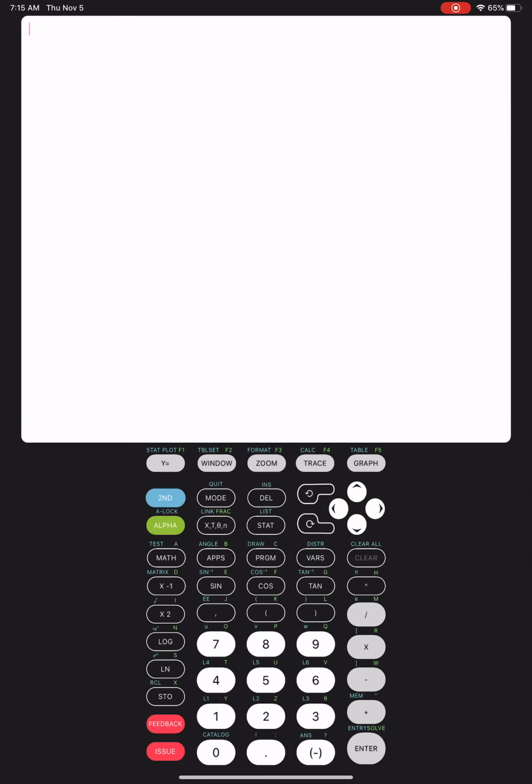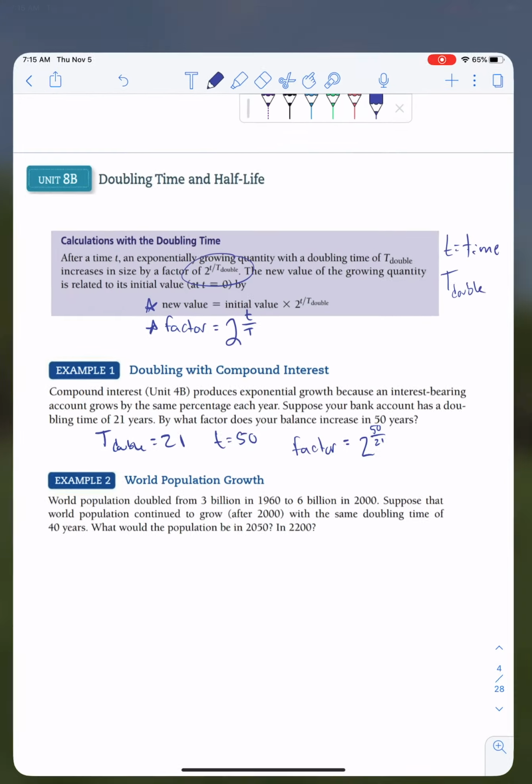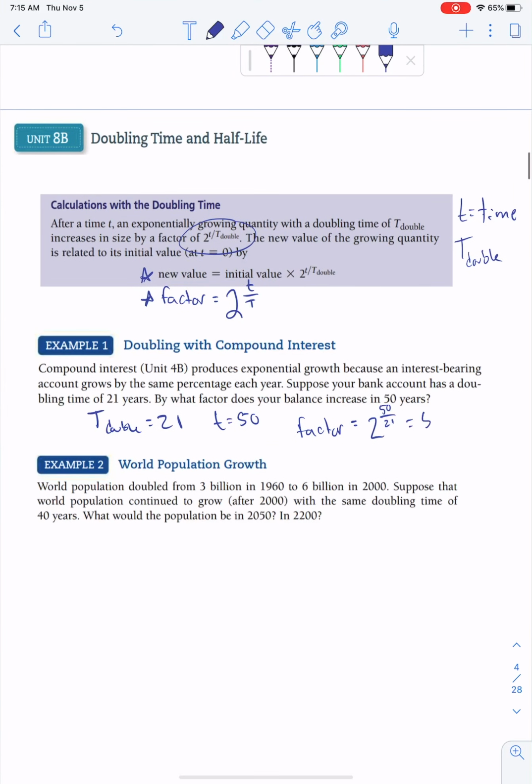So if we do 2 raised to the 50 divided by 21, we get 5.208, so 5.2. So our factor would be 5.21.